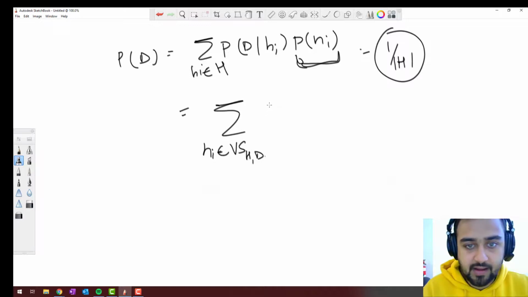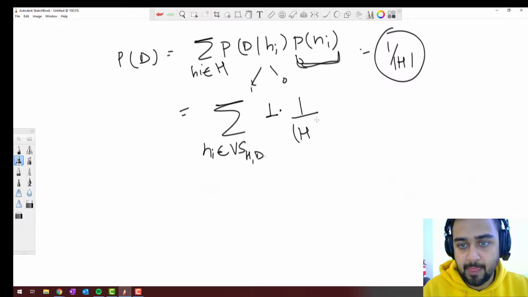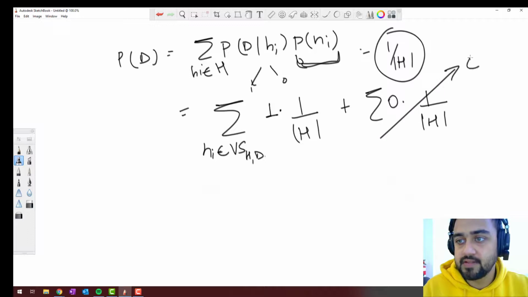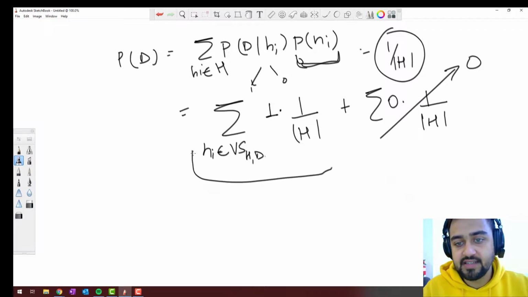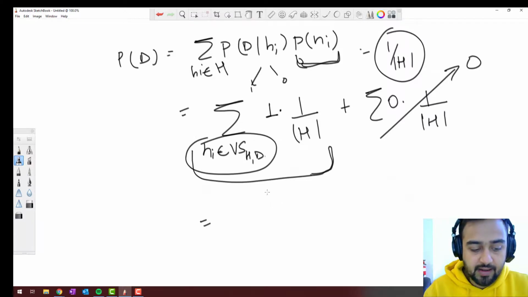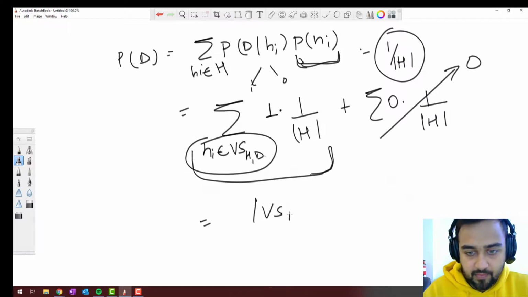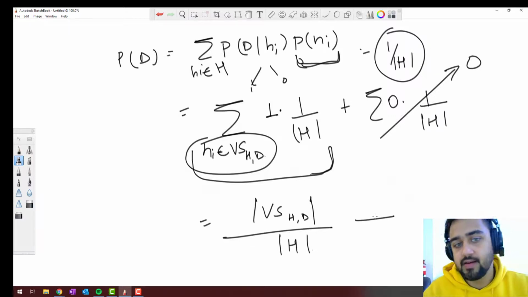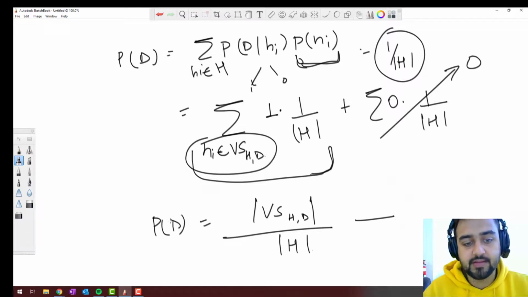P of D given H_i has two values, 1 or 0, so let's take both values. Plus sigma 0 into 1 over mod H. This becomes 0. So if we are searching the hypothesis in the version space, we get the size of the version space upon mod of H. So our P of D becomes the size of our version space upon the size of our hypothesis space, right?